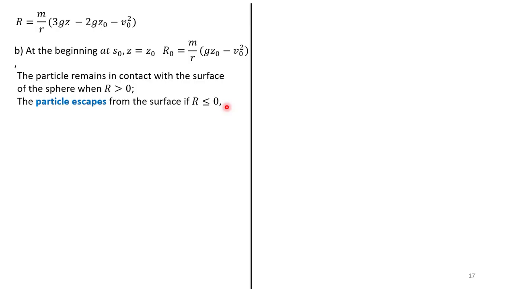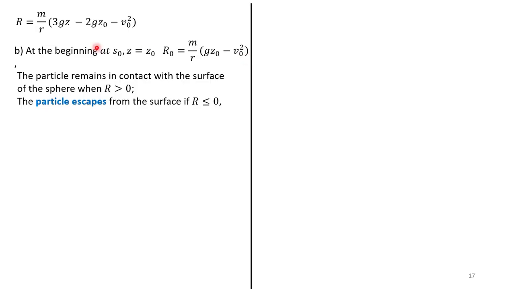So what is R here at point S0? So R at point S0 is equal to m over r, 3gz minus 2gz0 minus v0 squared, where we have to replace z with z0, and then we can obtain that R0 is equal to m over r, parenthesis, gz0 minus v0 squared.